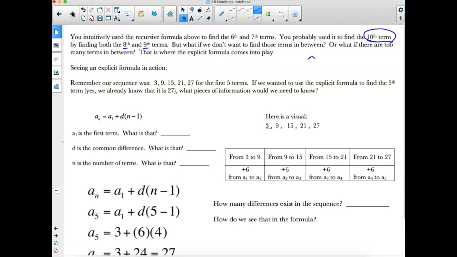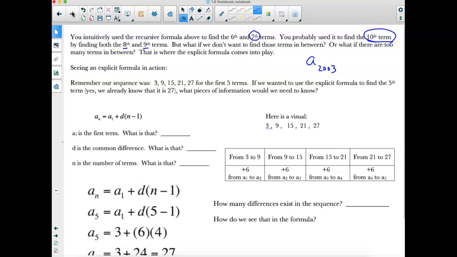What if I wanted to find A sub 2003? Okay, I don't want to have to start there at the 7th term. I don't want to have to add that on 2000 or an obnoxious amount of times, okay? In order to do that, we would use an explicit formula, okay?